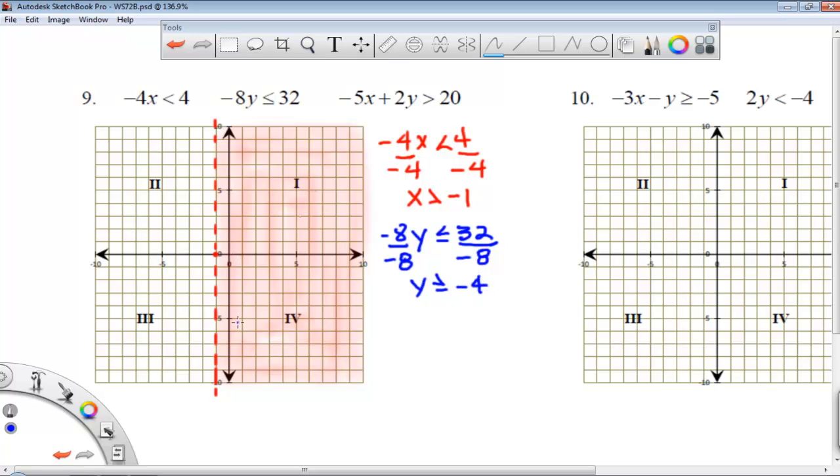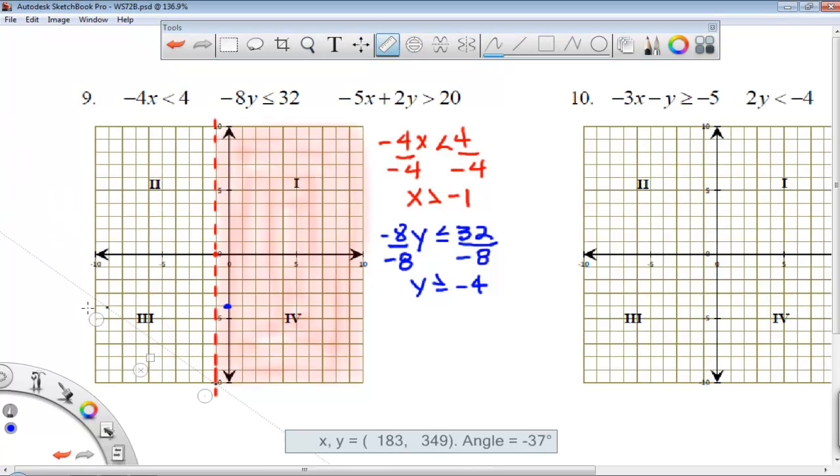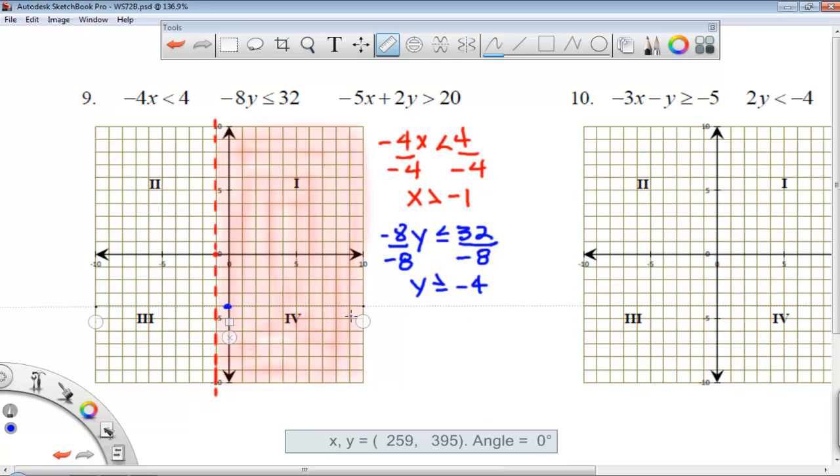So negative 4 on the y-axis is right here. It only goes through the y-axis because there's only a y in the inequality. So we'll put this right here and there, and the line should be a solid line.